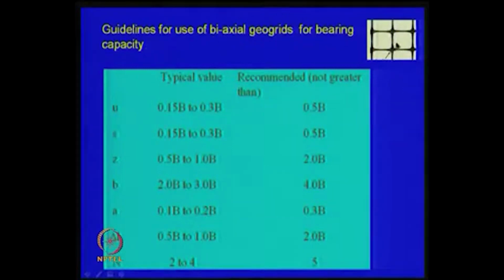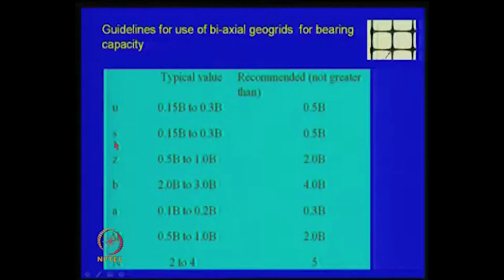Biaxial means the stress distribution should be the same in both directions, unlike mono-oriented geogrids. The typical numbers are that the first layer of reinforcement depth U is 0.15 B to 0.3 B. The recommended value is 0.5 B, though research shows that 0.3 B is alright, but then they go for 0.5 B.